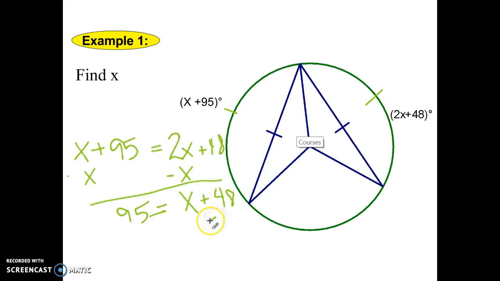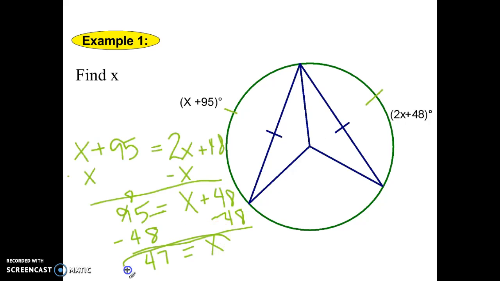We subtract 48 from both sides. We end up with x equaling 47. X equals 47.